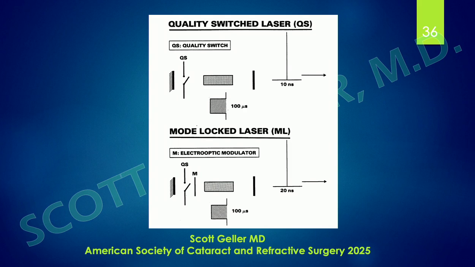On the other hand, there are also mode-locked lasers. These mode-locked lasers also have a quality switch, but they have an electro-optic modulator that puts the beam front into a series of pulses.